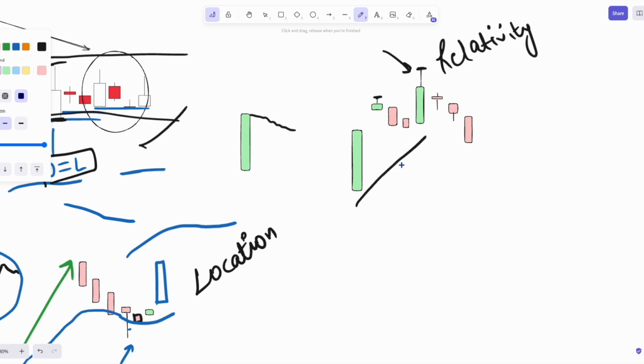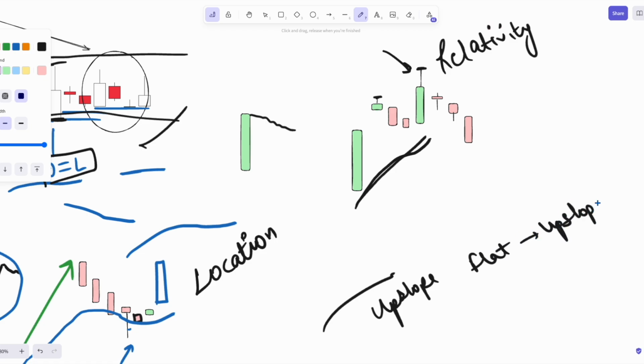So, because of these, there was a slight dip in the moving average, but this made it like this again, which made the price much above the moving average, which this one did not, because that is still a part of the contraction only. So, what this one is doing is, it is keeping either the upslope as the upslope only, or turning the flat into the upslope. That's all it is doing.